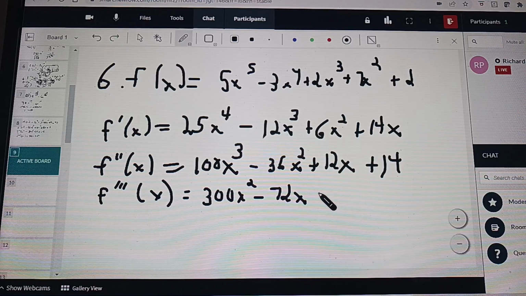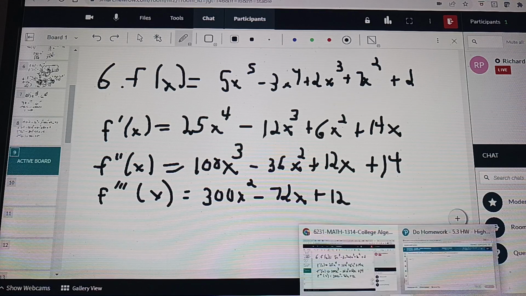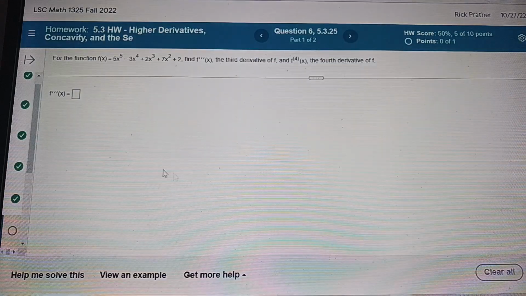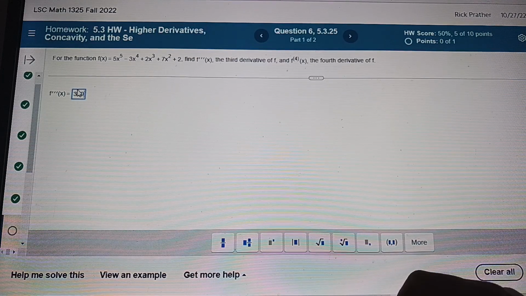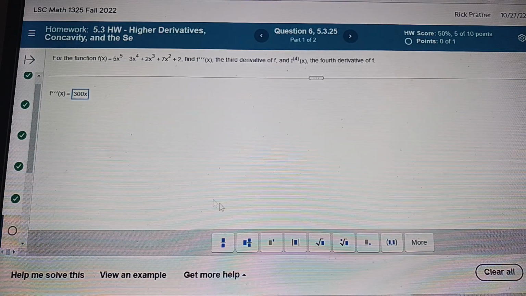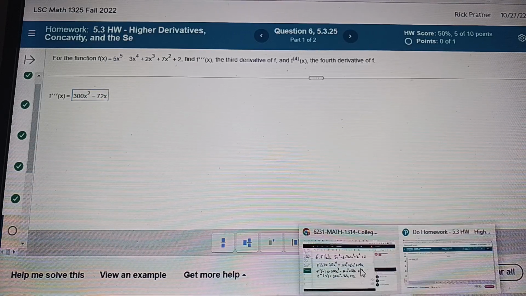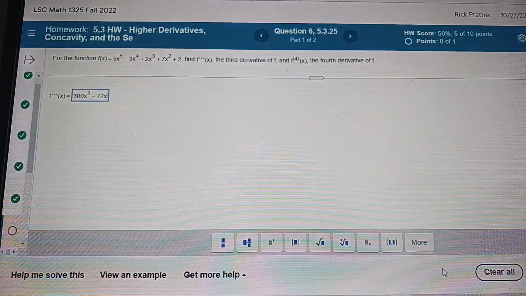The derivative of 12x is just 12, and the derivative of 14 is nothing. So first answer is 300x squared minus 72x plus 12.